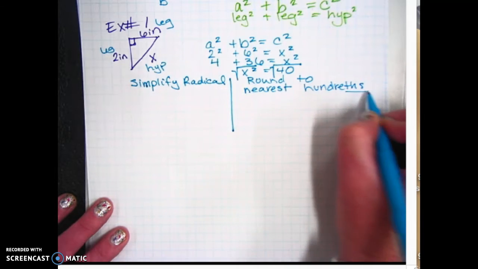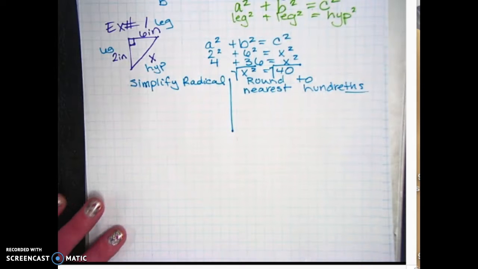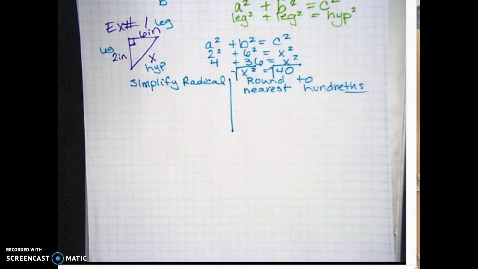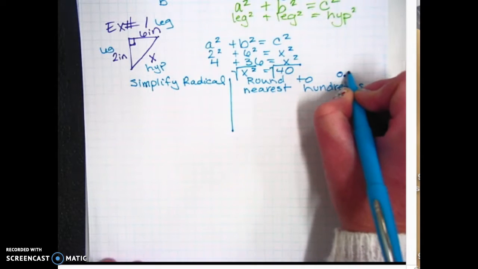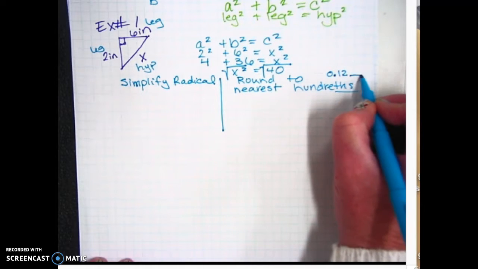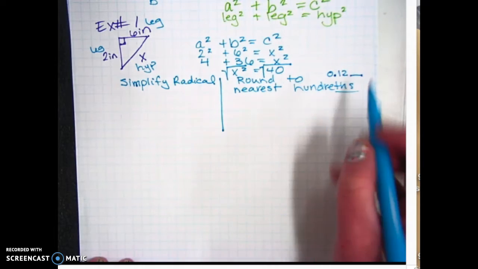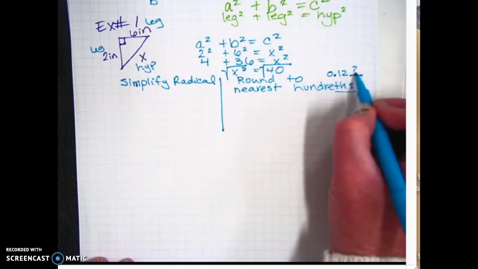That means decimal point. So if you want to round to the hundredths, how many numbers after the decimal point would you have? 2. So you're going to have 2 numbers after the decimal point, which means you look to the third number, and that determines whether that number stays the same or rounds up, depending on what it is.